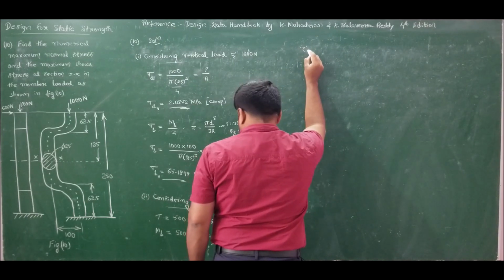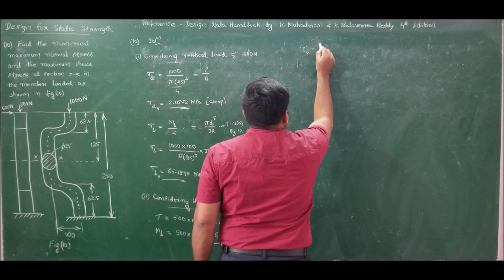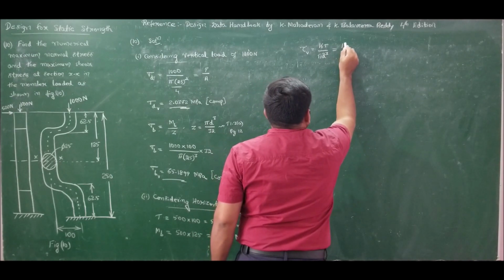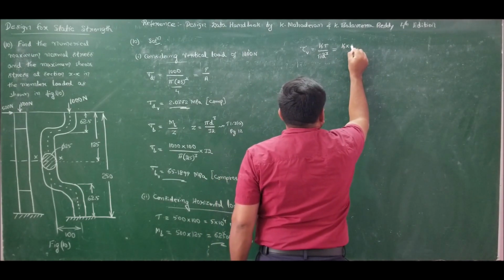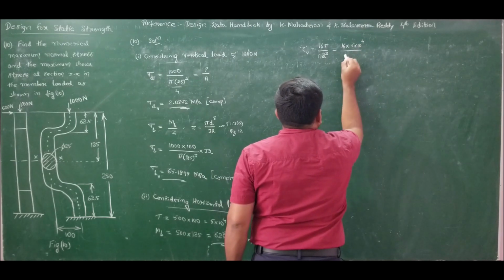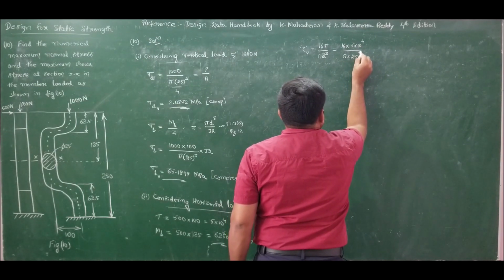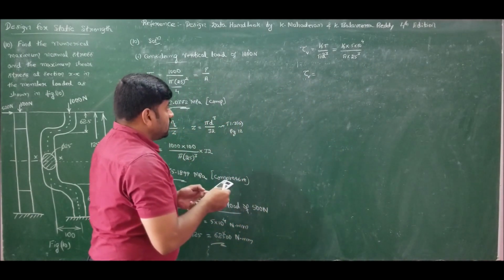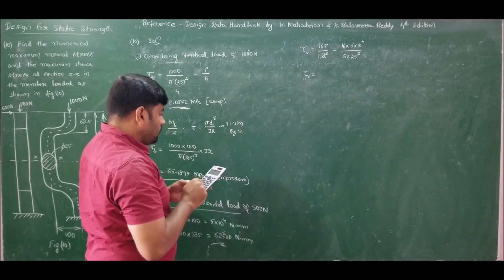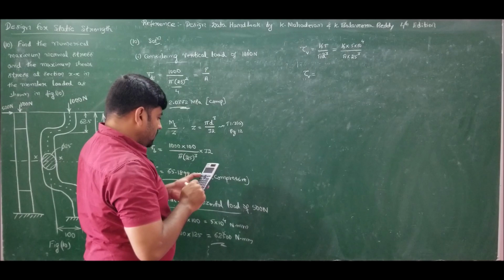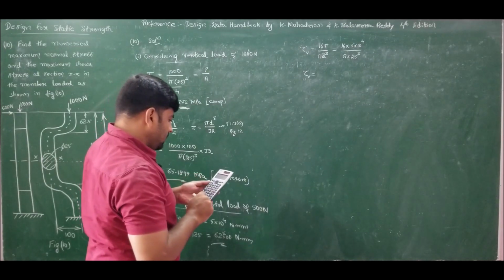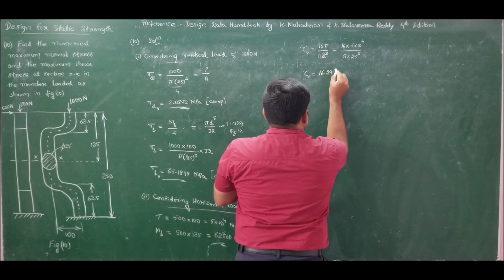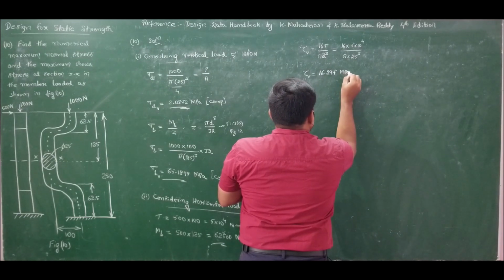So therefore tau from horizontal component will be 16T by pi d cube, which is equal to 16 into 5 into 10 to the power of 4 by pi times diameter is 25 cube, which is equal to 16.297 megapascals.